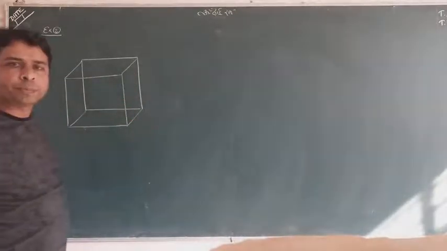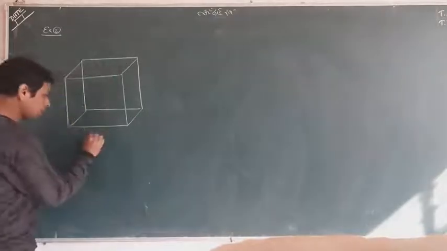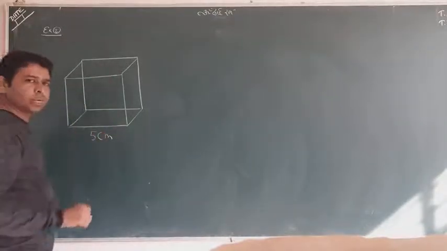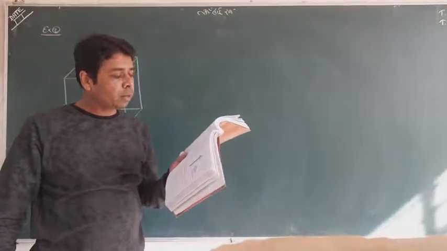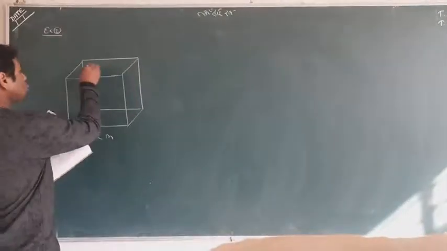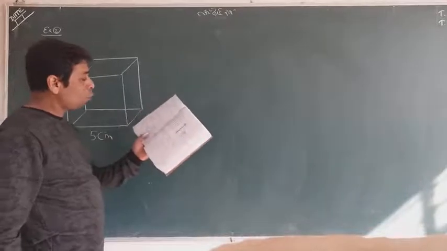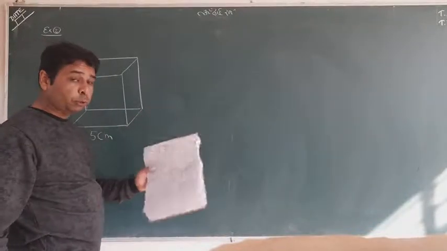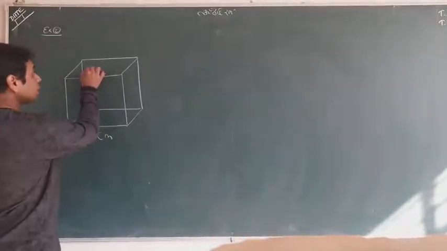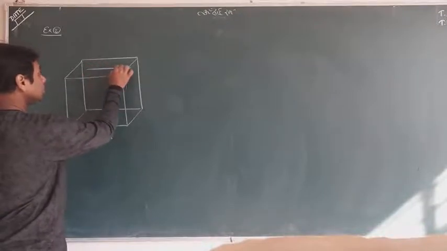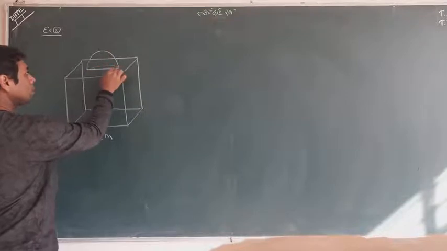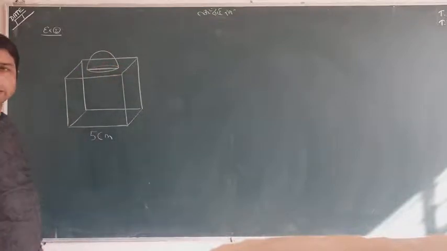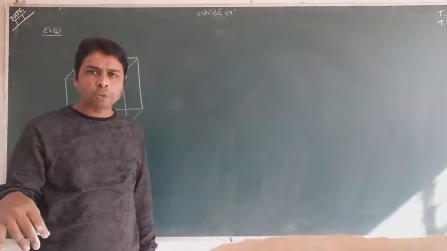It is a cube whose edges are 5 centimeter, and on that we have a hemispherical top, whose diameter is 4.2, meaning less than 5. It's a cubic block.